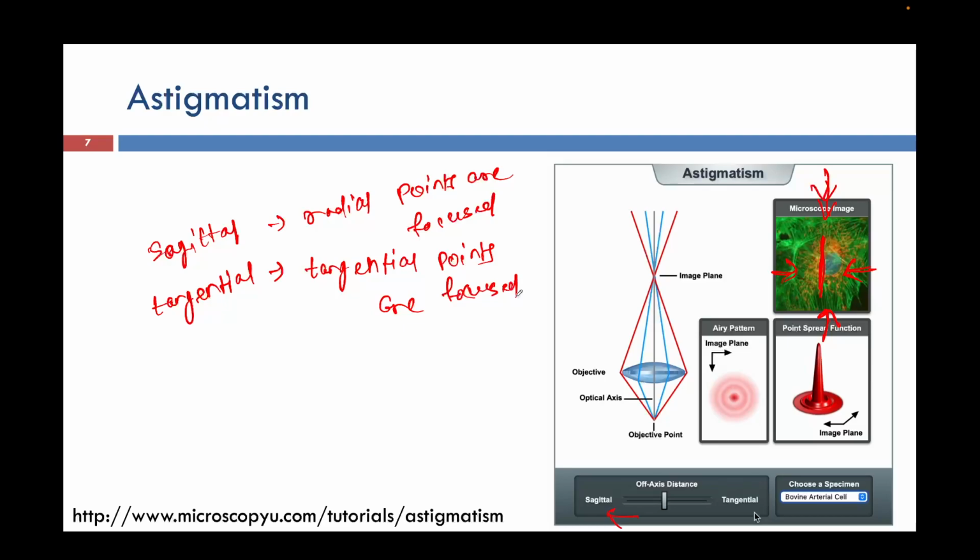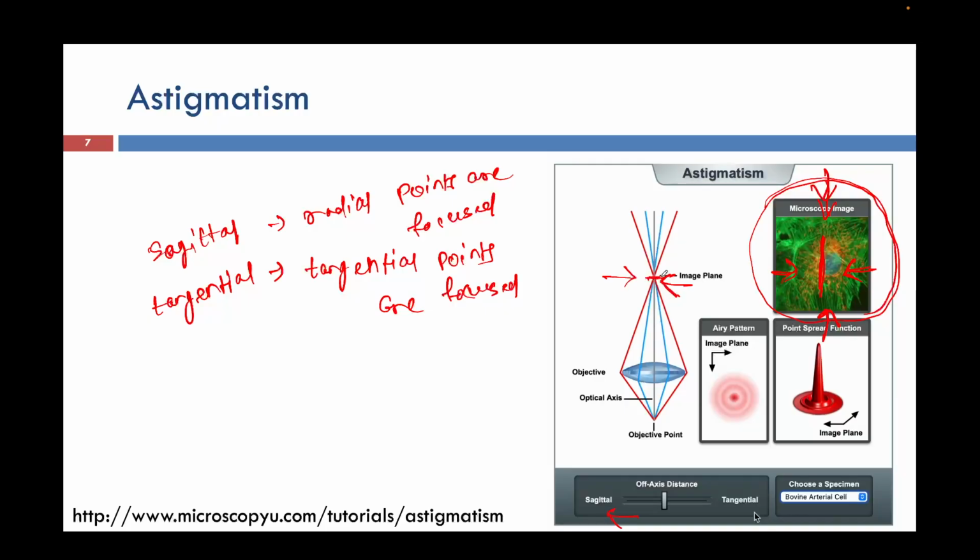But see, this is my complete image. I want to get an image like this, right? I want all of my rays which are coming after refraction from this lens to get focused at this. But when I am moving my sample from this optic axis, then what is happening?